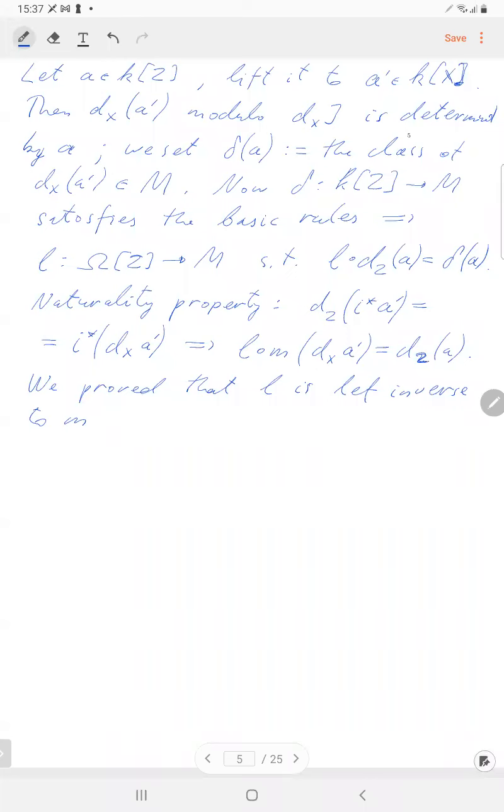and what else do we need? Maybe also need to check that L is surjective.